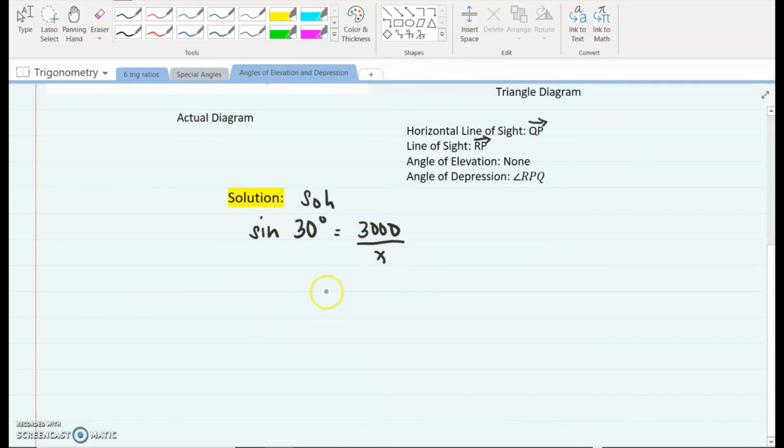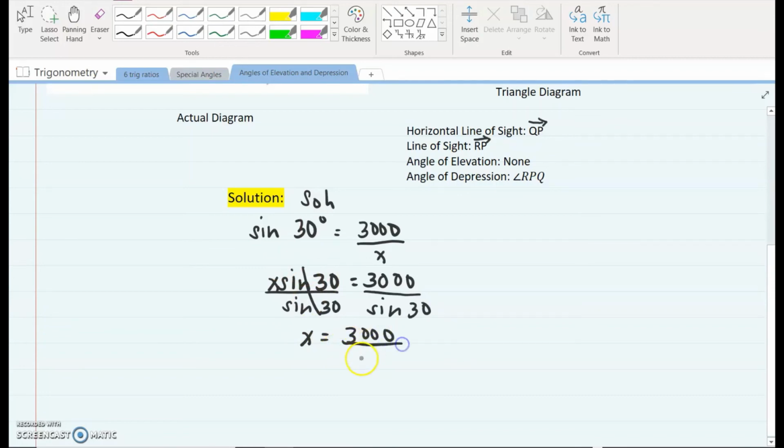So we can cross multiply this part, cancelling sine 30 here. So x will be 3,000 over sine 30.